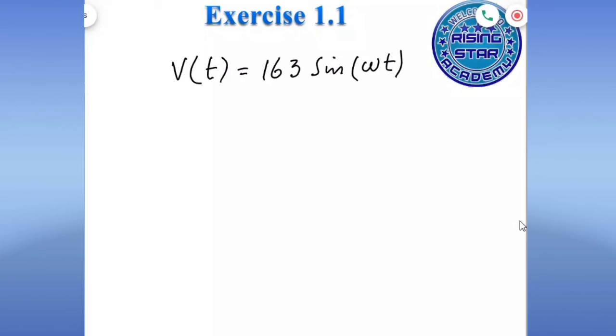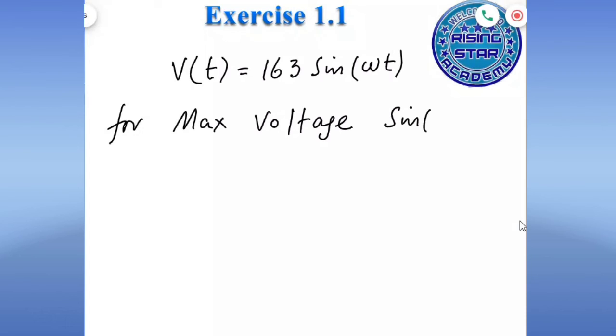So I told you before, for the maximum value, for max voltage, we will replace sine of omega t with 1. So now this whole value should be replaced by 1.